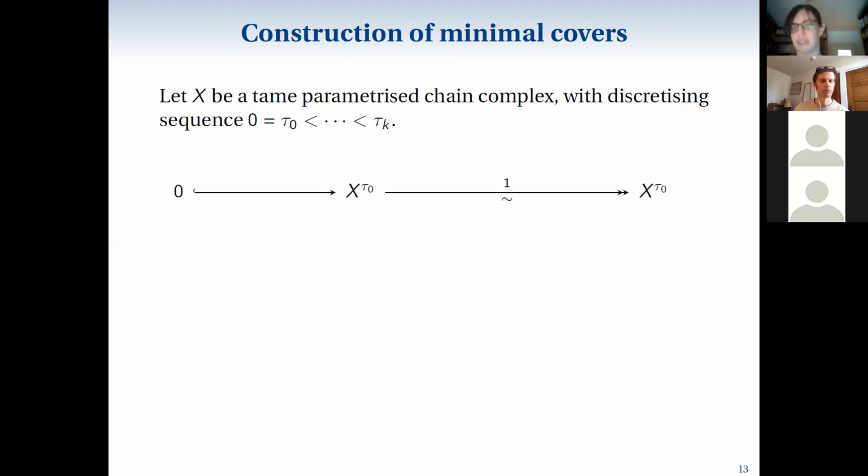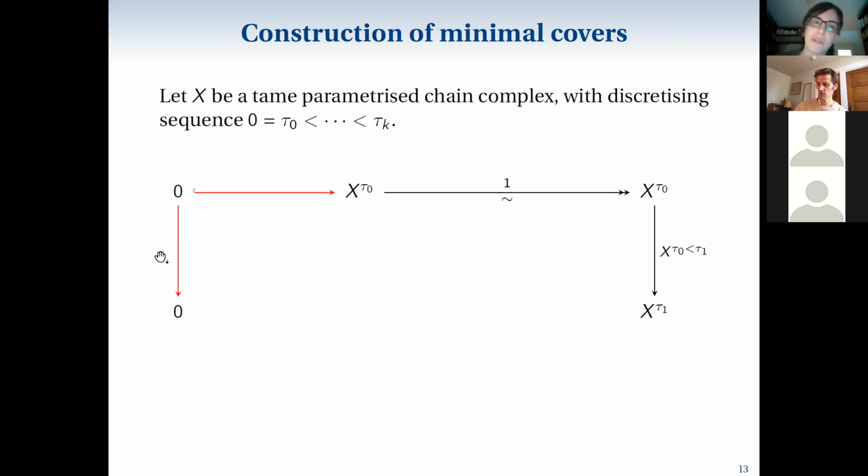So the first step is easy. We just need to take the chain complex itself. Then we need to go further. To go further, we take a look at the transition morphism in X and in 0, and we focus on these two, the ones that are now in red. Now we want to take the push out of it.